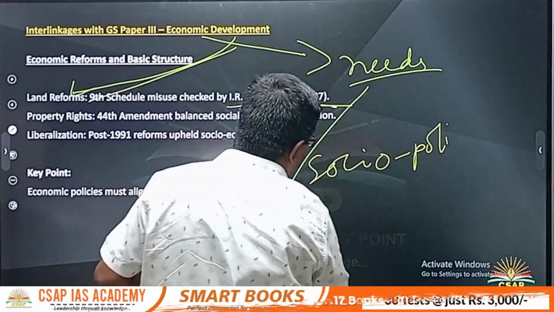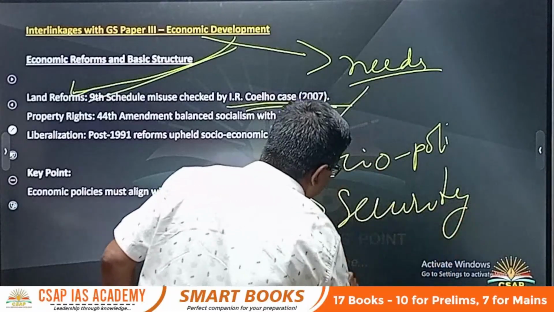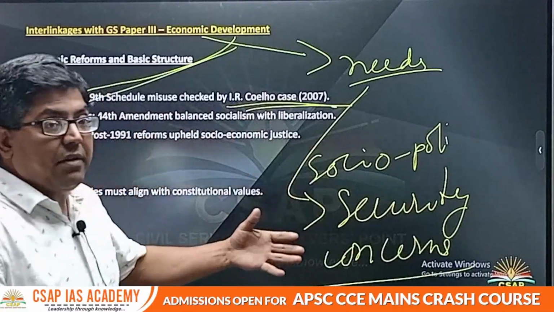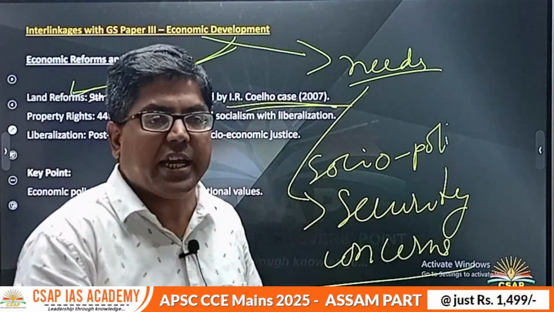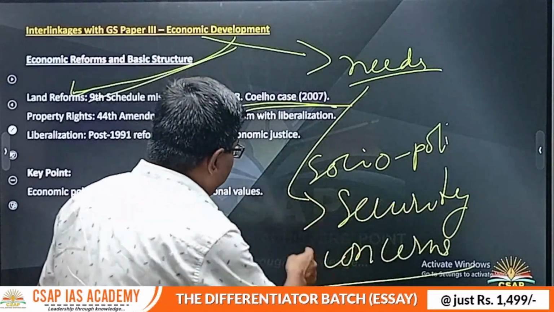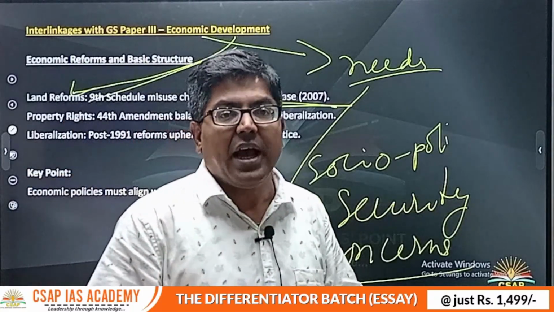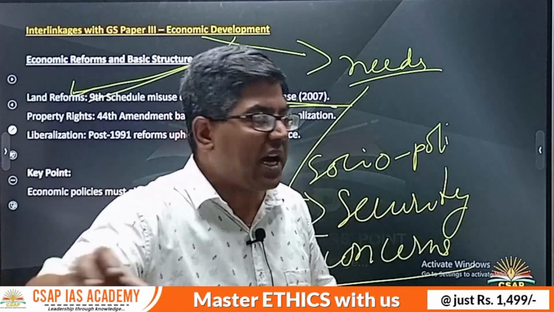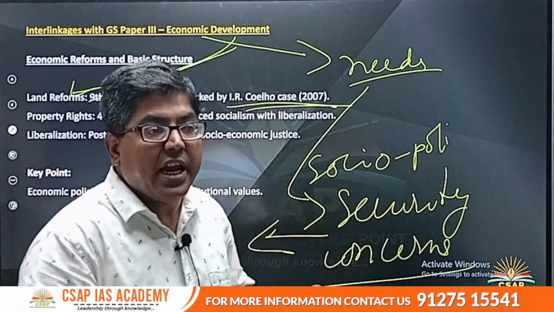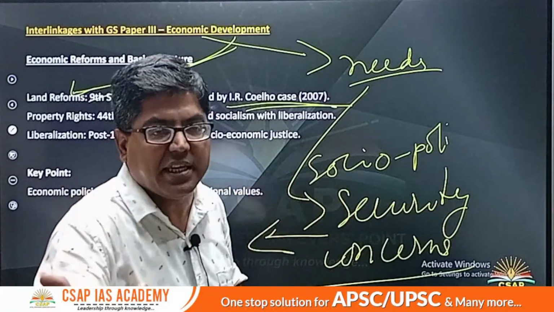And similarly, we will have, let's say, security concerns for which again you need to come up with constitutional amendments. For example, various surveillance mechanisms, and when these surveillance mechanisms are brought in to streamline or address security concerns, they may create another set of problems vis-a-vis your rights, for example, your right to privacy.